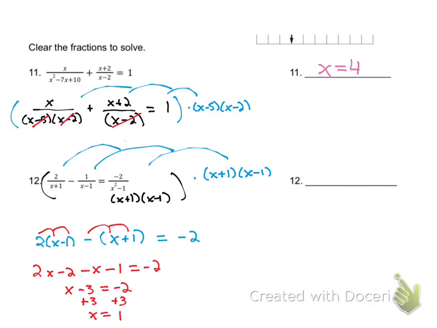So what's the problem with that solution there? Think real hard. What would happen if you plugged that back in? It's undefined. Good. Undefined. Plug that back in, it would not work. So should we always plug it back in?